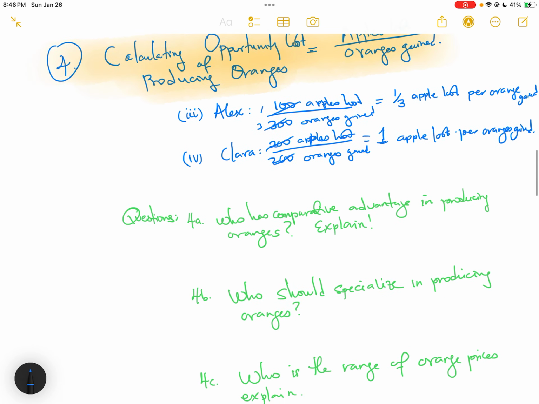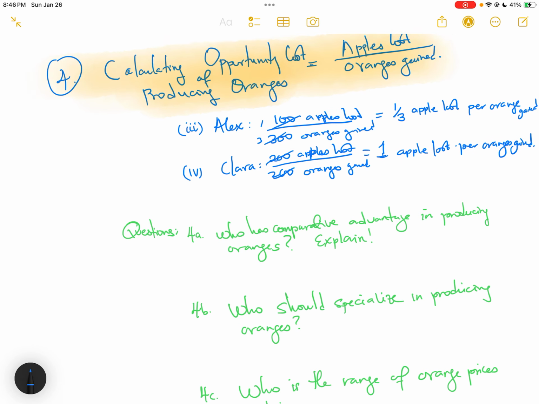Okay, let's answer some questions. Question 4a. Concerning these 2 opportunity cost values we have just calculated, who has comparative advantage in producing oranges? Who gives up less to produce an orange? It's Alex. Alex gives up only 1/3 of an apple.